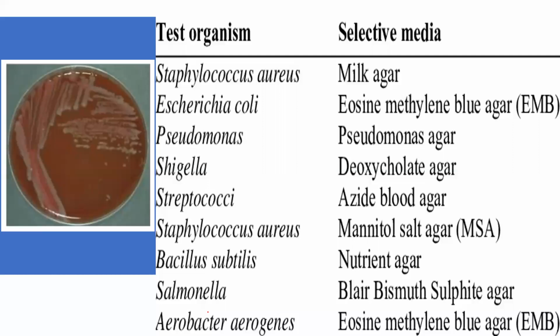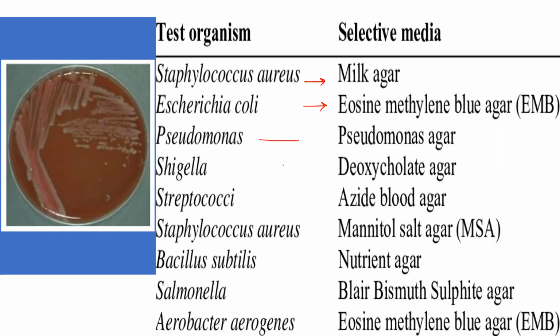Study this chart very, very nicely. This chart contains names of test organisms along with the selective media in which they grow. Staphylococcus aureus grows on milk agar. Escherichia coli, that is E. coli, grows on EMB, that is eosin methylene blue agar.